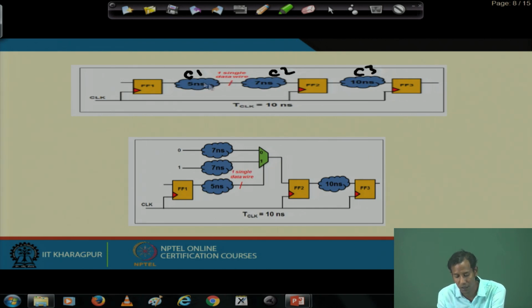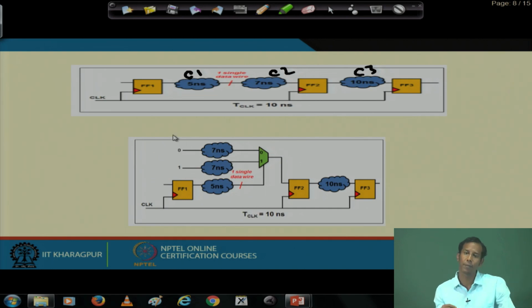Actually, here we finish this combinational task, and then depending on it, we start the combinational task over here. But instead, we can compute this 5 nanosecond and 7 nanosecond in parallel. Depending on the two values, one considering 0, another considering 1, since this is a single wire, it will be either 0 or 1.